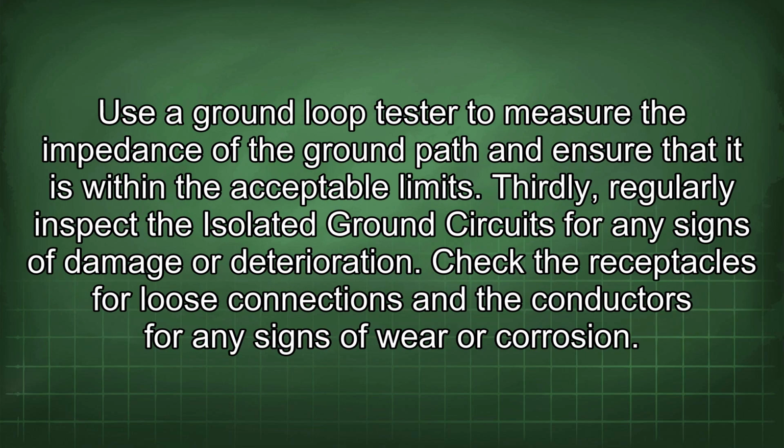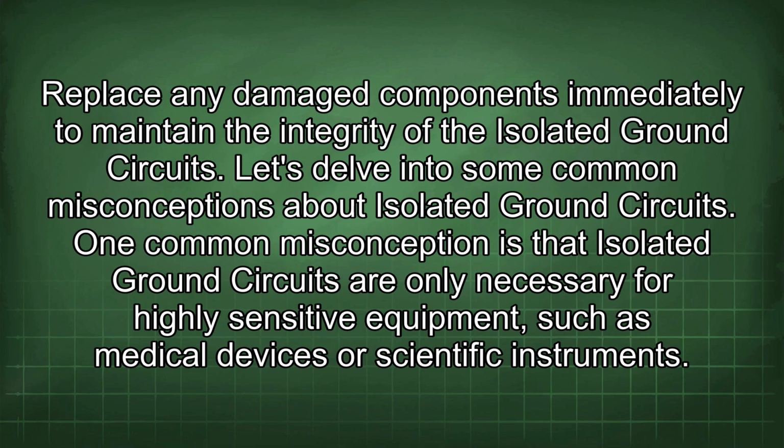Use a ground loop tester to measure the impedance of the ground path and ensure that it is within the acceptable limits. Thirdly, regularly inspect the isolated ground circuits for any signs of damage or deterioration. Check the receptacles for loose connections and the conductors for any signs of wear or corrosion. Replace any damaged components immediately to maintain the integrity of the isolated ground circuits.